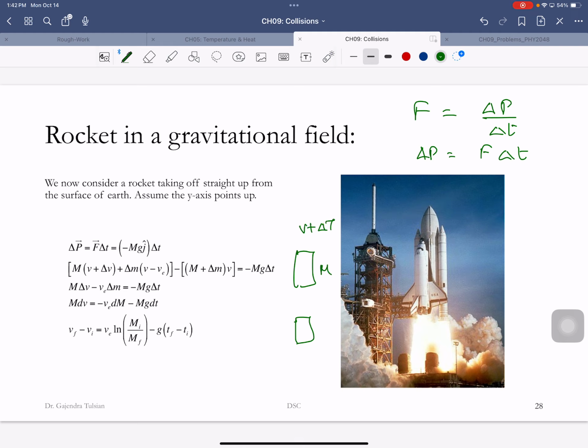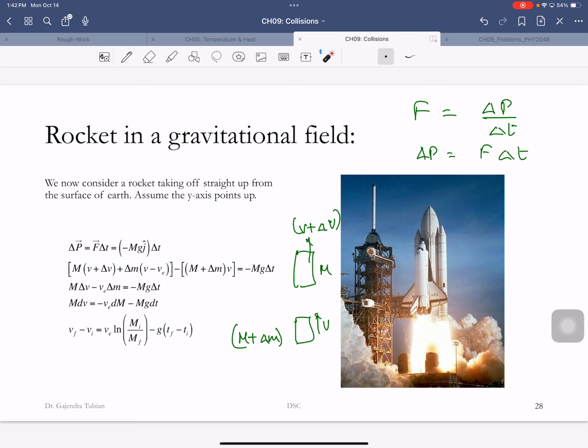We'll consider two situations. Here it was m plus delta m, so the mass was greater and the velocity was lower.